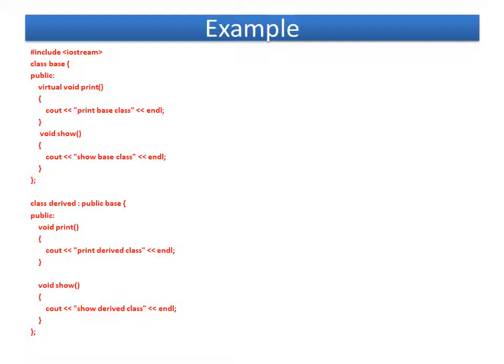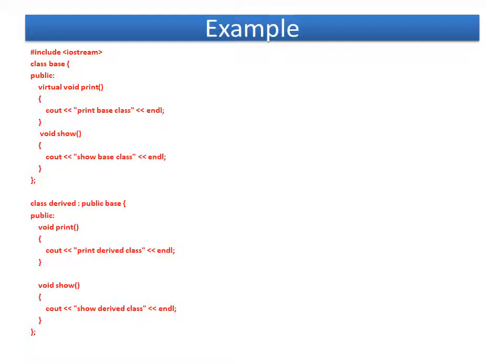In that situation, the memory will be holding the member functions of the base class. So whenever we invoke member functions using that particular base pointer, only the functions of the base class will be invoked and the output will be given.